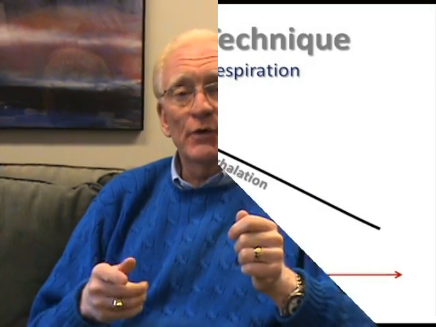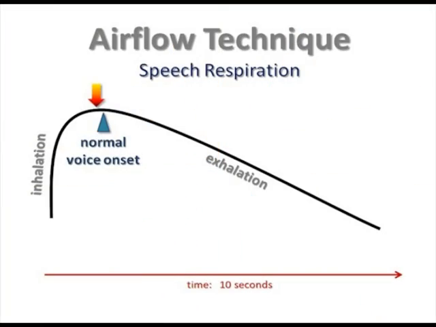Now, when it comes time to phonate, turning on our voice, we only use exhaled air to phonate. And there's a very short amount of time, and it requires some fairly coordinated effort to breathe in, to start exhalation, turn on voice, and then use it for speech.